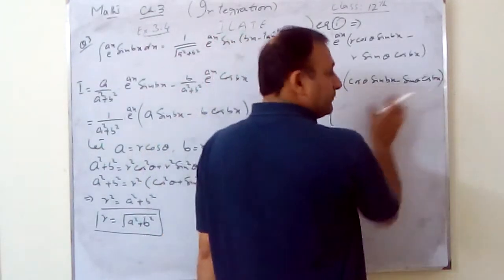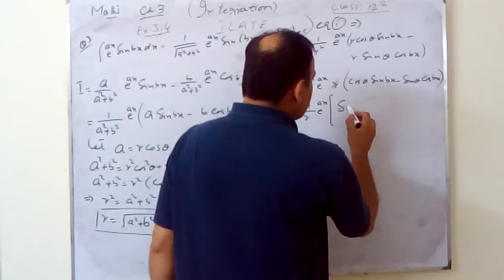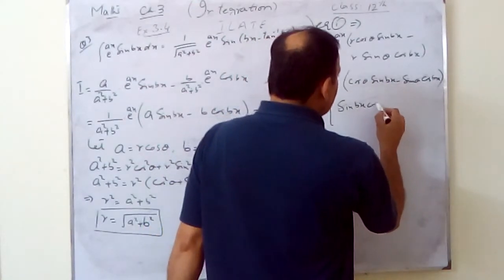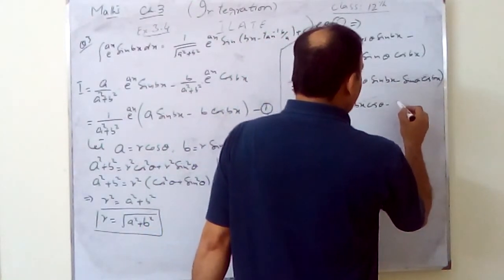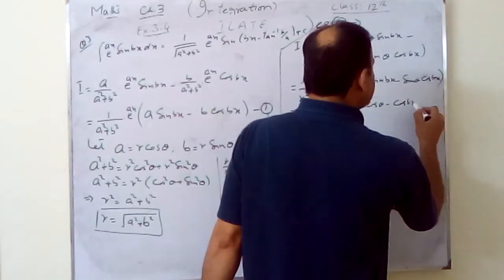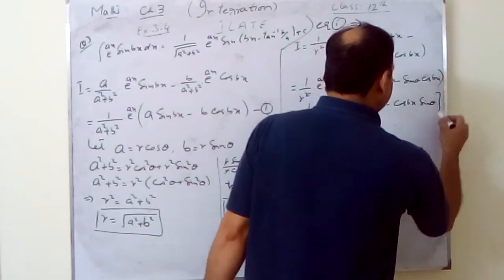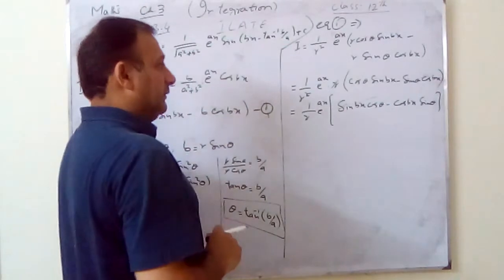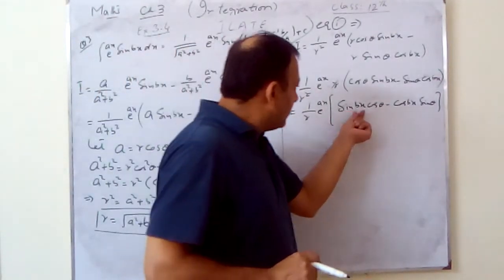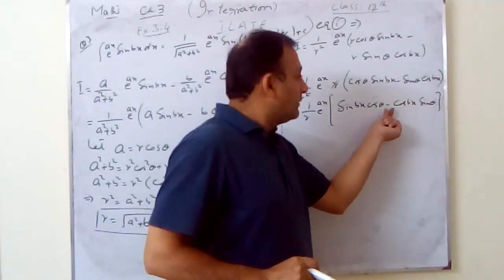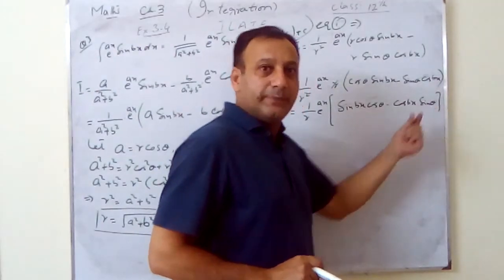Now here I am just rearranging these values: sin bx cos theta minus cos bx sin theta. This is sin alpha cos beta minus cos alpha sin beta.